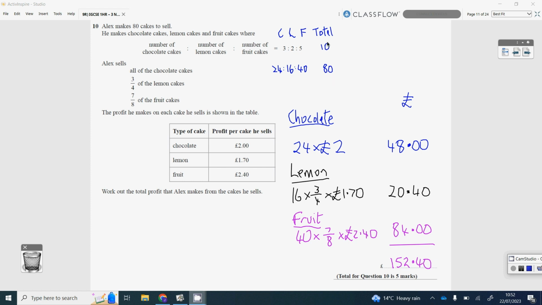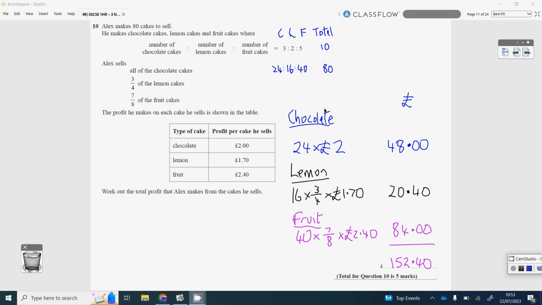So pop 80 into the total column. And we can see to get from the shares row to the actual number of cakes row, we are multiplying by 8. So multiply each of these by 8, 3 8s, 2 8s, and 5 8s, we get 24, 16, and 40. So that's the number of chocolate cakes, 24, 16 lemon cakes, 40 fruit cakes.